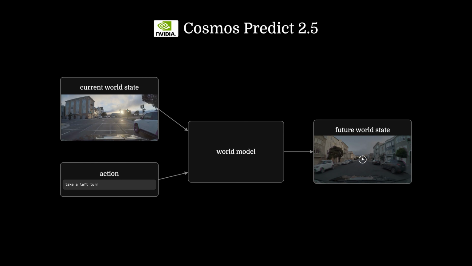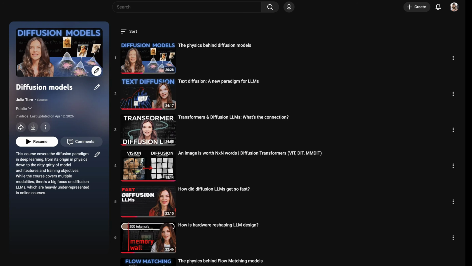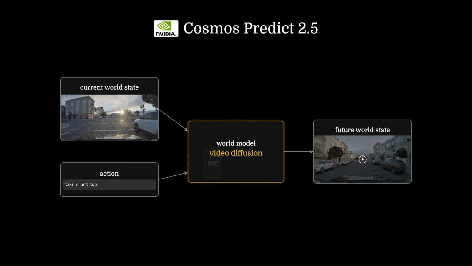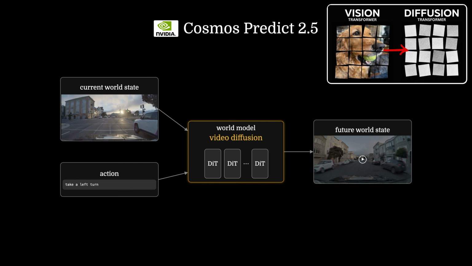Cosmos Predict, the true world model of the family, is mostly a standard video diffusion model with a few tweaks. I have an entire YouTube series on diffusion models, but here's the high-level idea. The model architecture is a typical stack of diffusion transformers, or DiTs, which I've covered in this video.